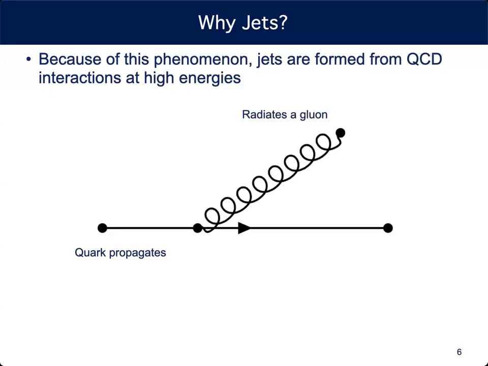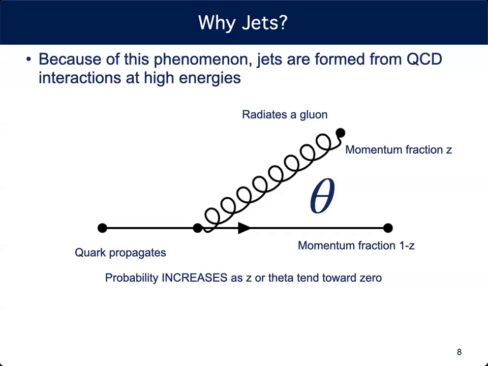Most of the time it will radiate a gluon, at some angle and some momentum fraction. I'll label the momentum fraction of the radiation as z, and the momentum fraction of the original parton that continues propagating as 1 minus z, and then we have an angle theta. So the two parameters are how far away your radiation is and how much energy it has. Just bear that in mind.